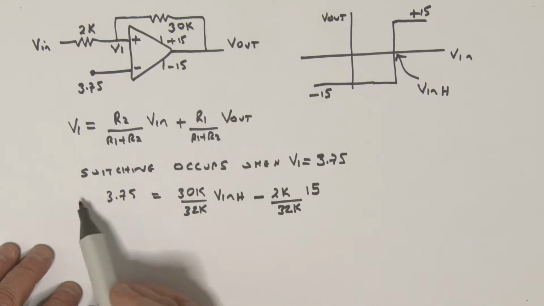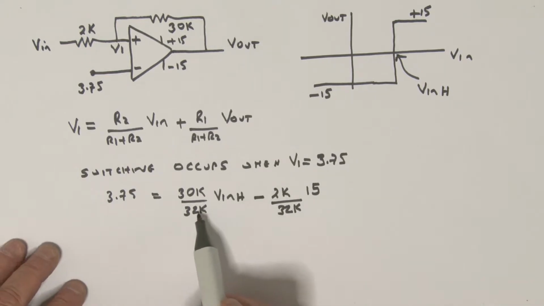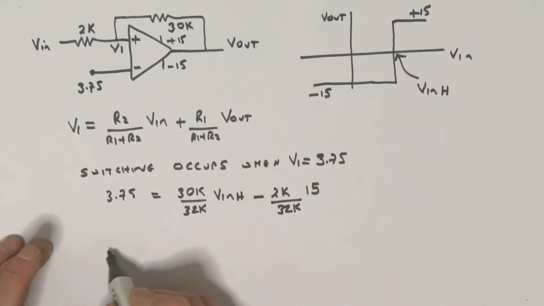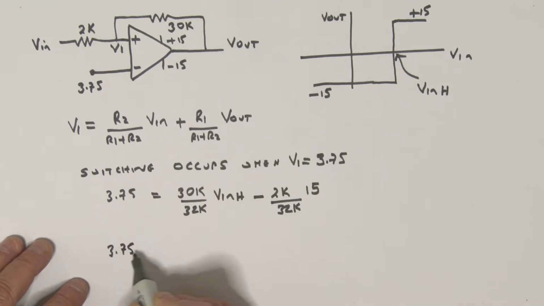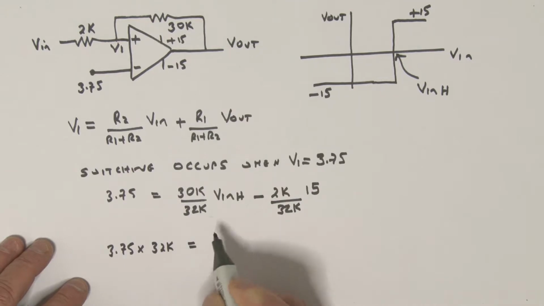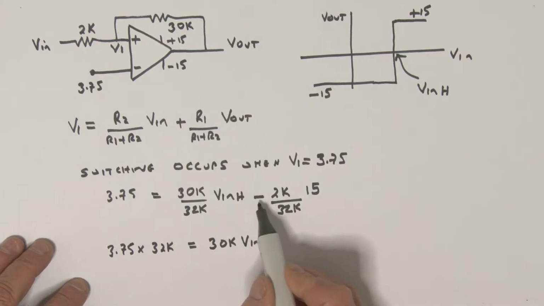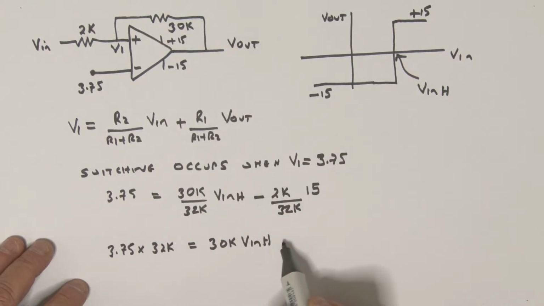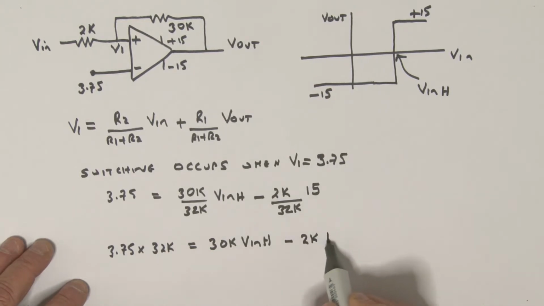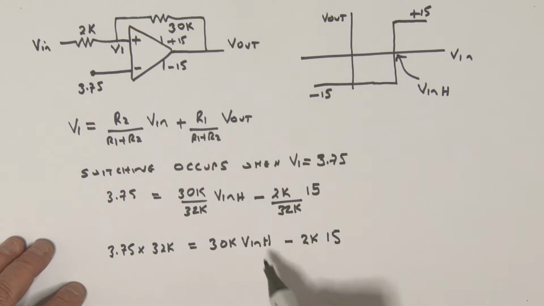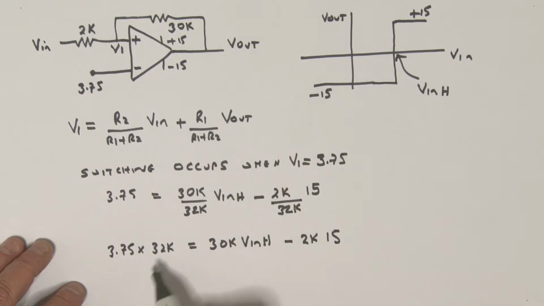First of all, I'm going to multiply through by 32K. So I've got 3.75 multiplied by 32K is equal to 30K times that V in H. Then I've got a minus here, haven't I? This is a minus 2K times 15. We're trying to find this guy here, so I need to take that over to the other side.